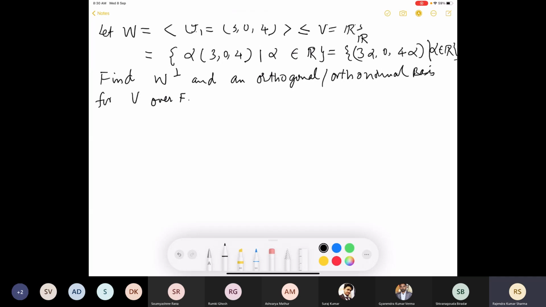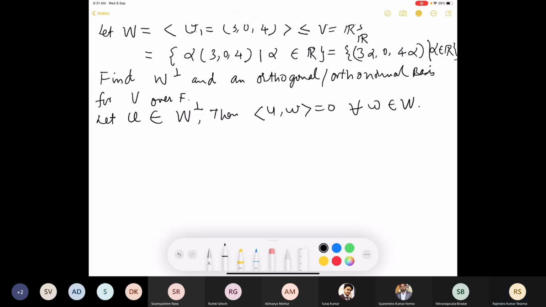So once again, suppose some vector U is in W orthogonal. Then the inner product of U with w is 0. This is true for every w in W. Suppose the coordinates of U are U1, U2, U3.